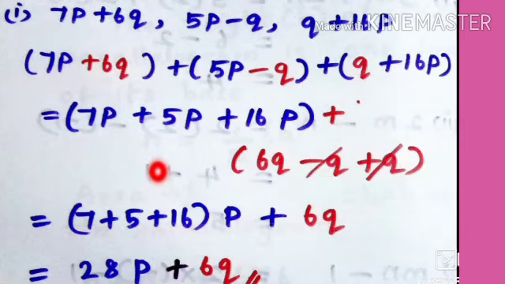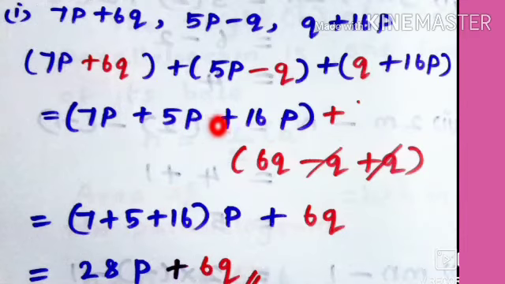So in the next step, 7p plus 5p plus 16p plus 6q, here minus q and plus q cancel. Now in the next step, we are going to add the coefficients of like terms separately. So 7 plus 5 plus 16.